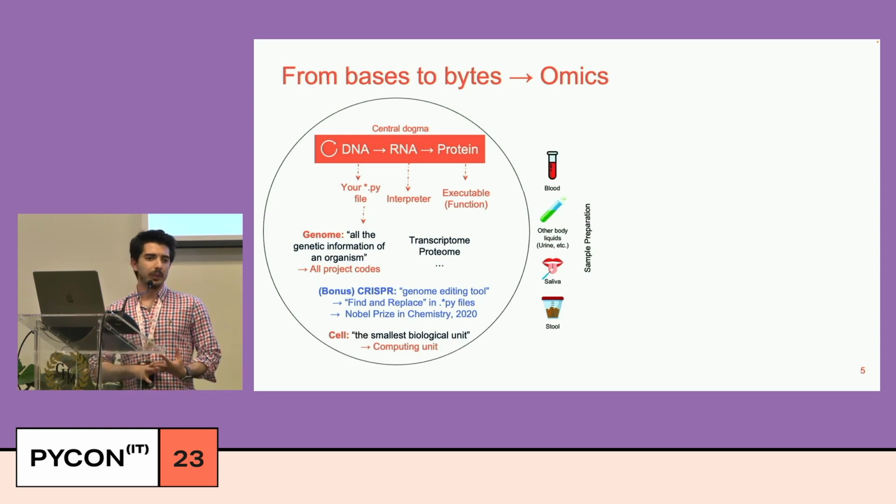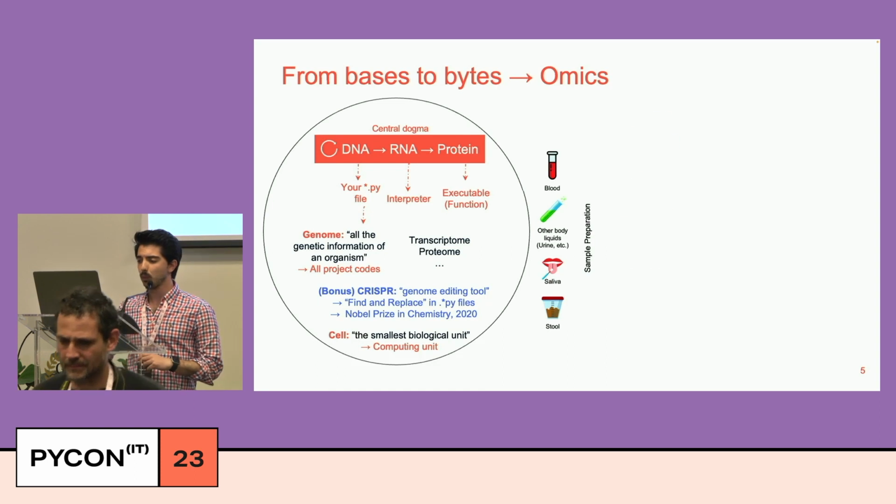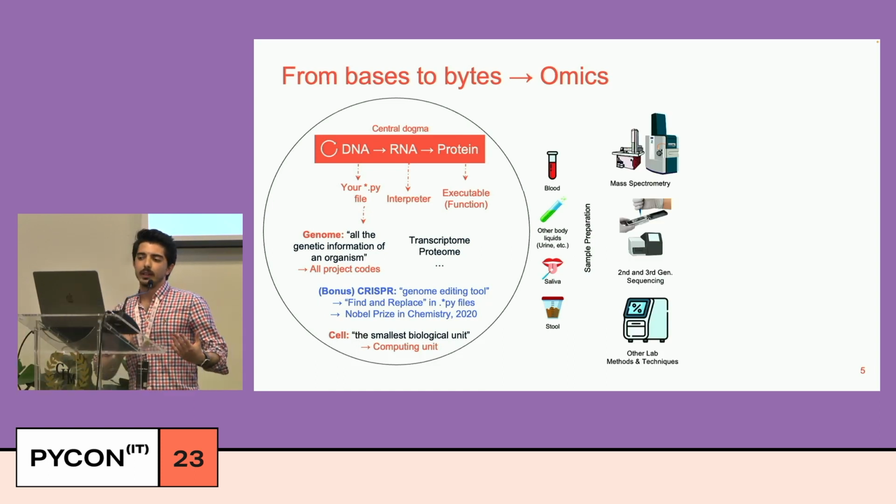Each sample has a different set of steps for preparation. Then for the actual quantification, the way of translating the biological sample to data, we have several different machines. I will not get into any details, because each of them is a completely different field, and we have a lot of areas that focus just on them.